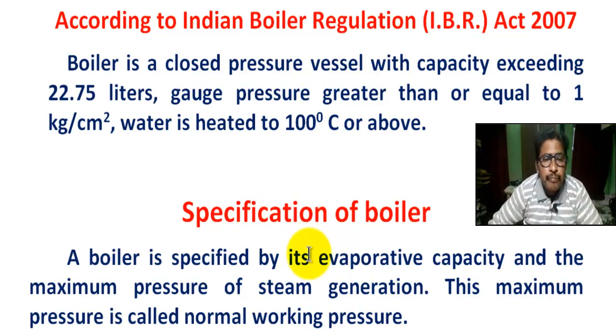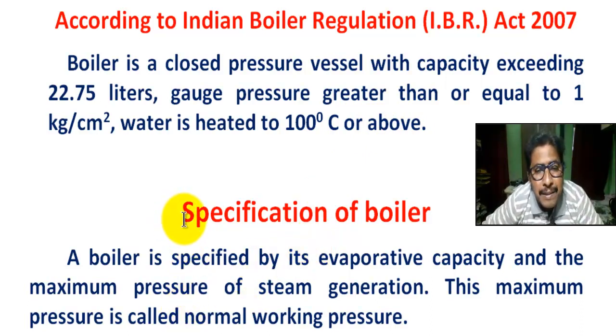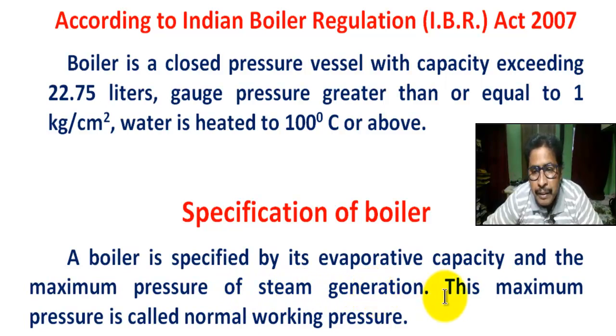Now, what is the specification of a boiler? A boiler is specified by its evaporative capacity and the maximum pressure of steam generation. This maximum pressure is called normal working pressure.